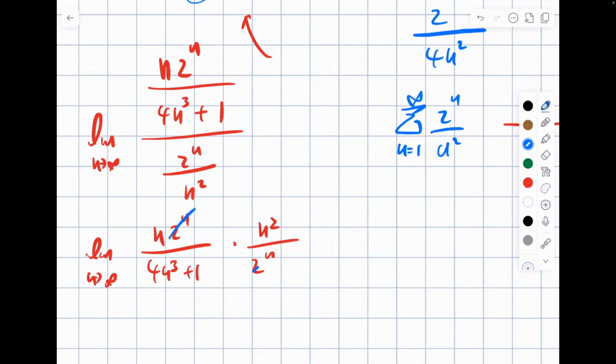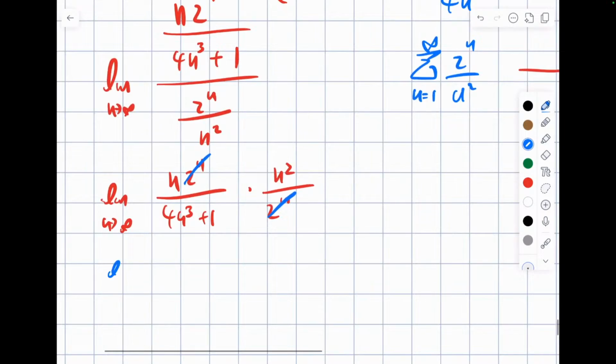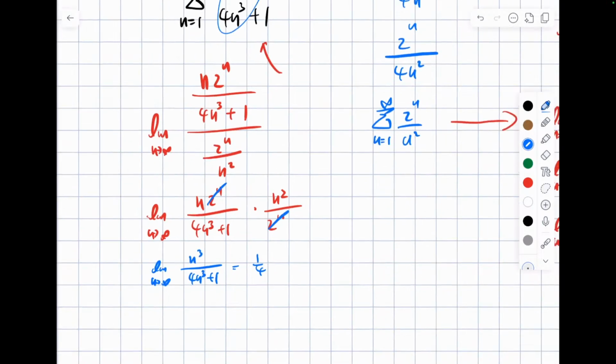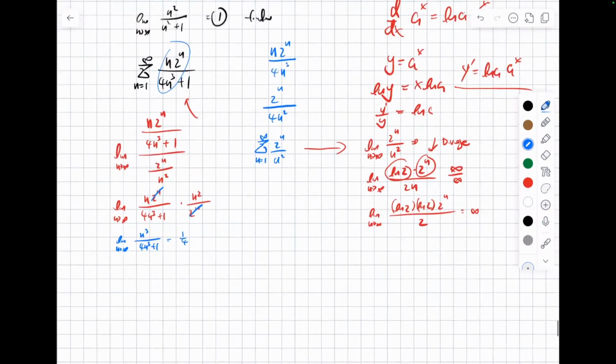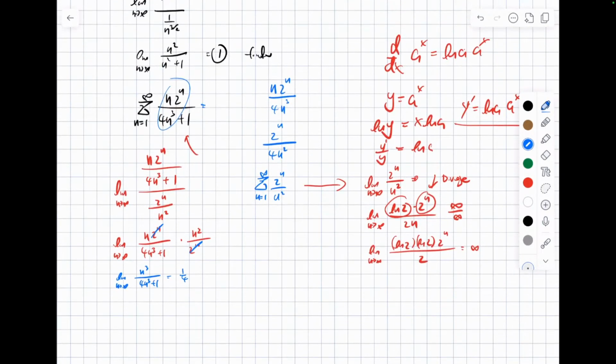Now, cool enough, they cancel out. So it'd be limit as n approaches infinity of n cubed over 4n cubed plus 1, and that's equal to 1 over 4. Since it is positive and finite, that means what? Both diverge, because of the limit comparison test, LCT. So you have to write down which test you used on my test.